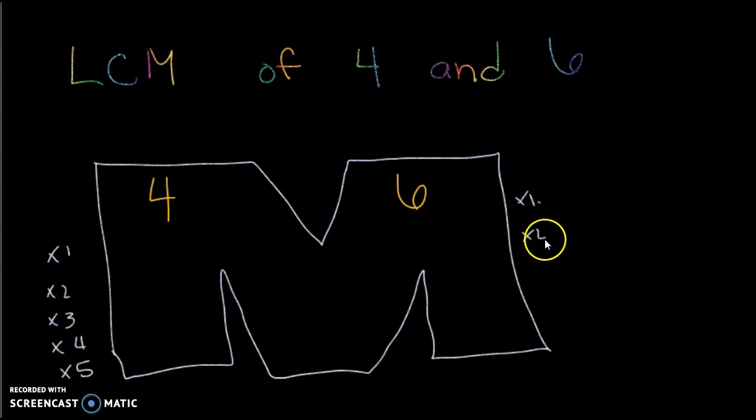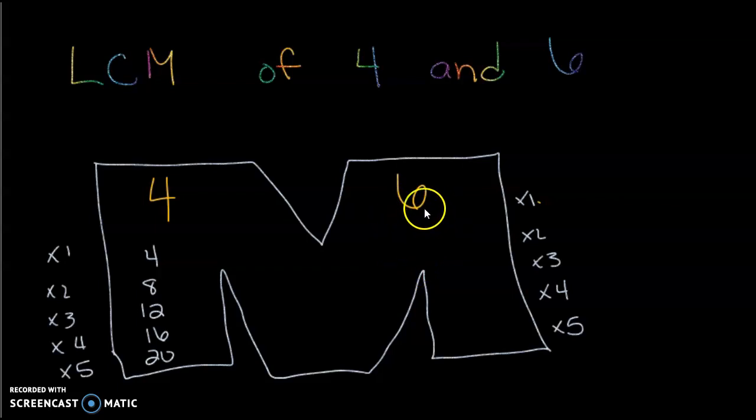Times 1, times 2, times 3, times 4, times 5. All right, so the multiples of 4. 4 times 1 is 4. 4 times 2 is 8. 4 times 3 is 12. 4 times 4 is 16. 4 times 5 is 20.